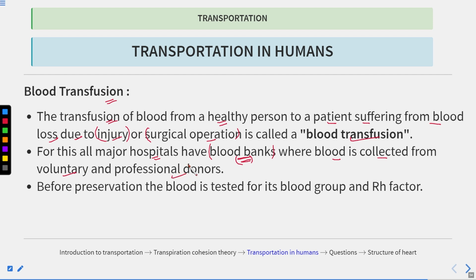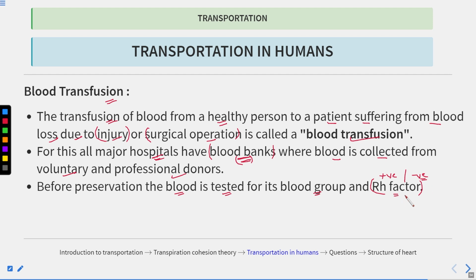There are a lot of blood donating camps that these hospitals organize, and this blood is stored in the blood bank. Before preservation, the blood is tested for its blood group as well as the Rh factor, whether it is positive or negative.